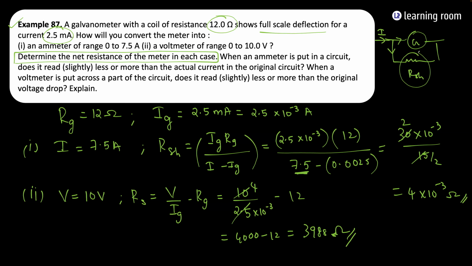In a similar way, what happens when you connect a voltmeter across a circuit? Is it going to have more value or lesser value? It is going to have lesser value, because there will be a potential drop across the series resistor that you have connected.